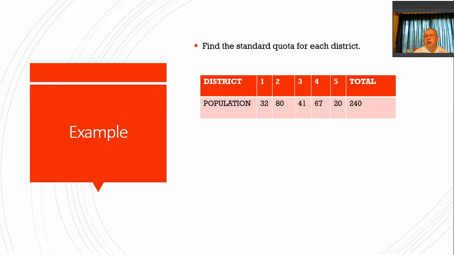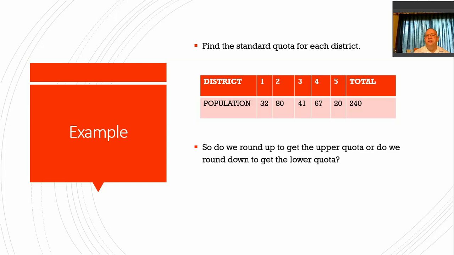Here's one that you could work on, finding the standard quota for each district. Again, we would do the 240 divided by the 20, which is 12, and then the 32 divided by the 12, 80 divided by the 12, and so forth. That would be the standard quota for each one. But now we want an integer number for each one because we can't divide up that fractional piece, that decimal number.